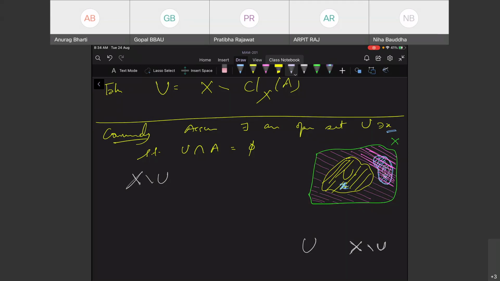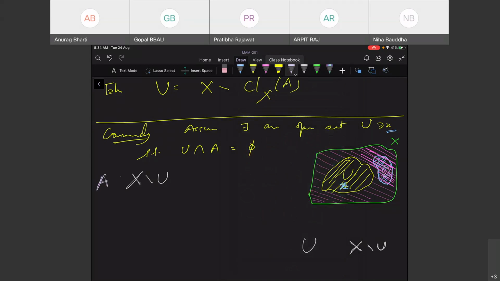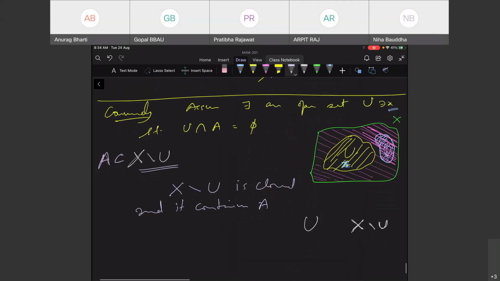So A is inside X minus U, and you said that this is closed. So X minus U is closed and it contains A. Is this correct?